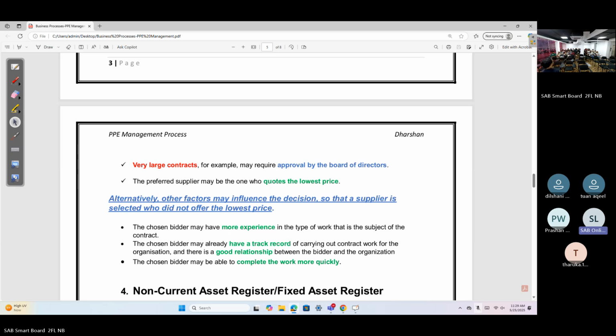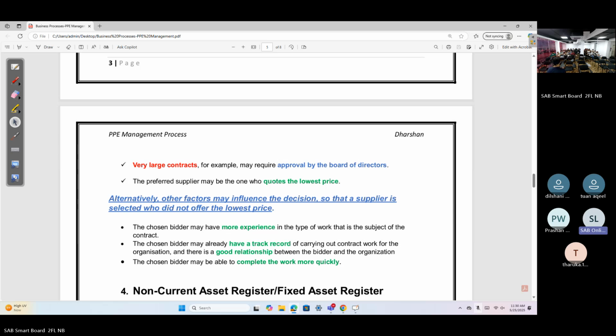Now we have selected B and we are going to give this recommendation to the authorized person, the director. Now the board of directors will ask, why have you selected B. C has quoted a lower price of 8.5 million, but you have selected B at 9 million.